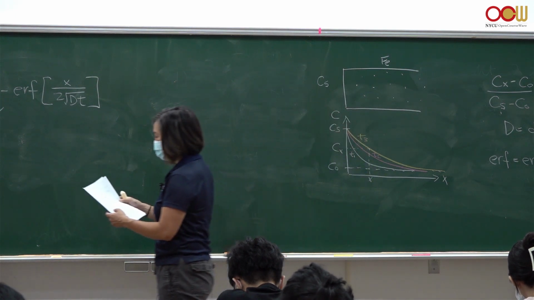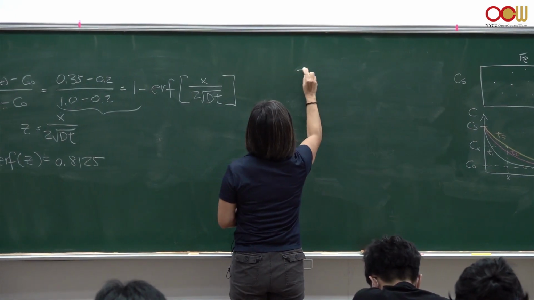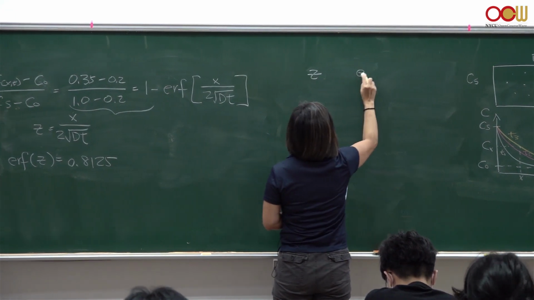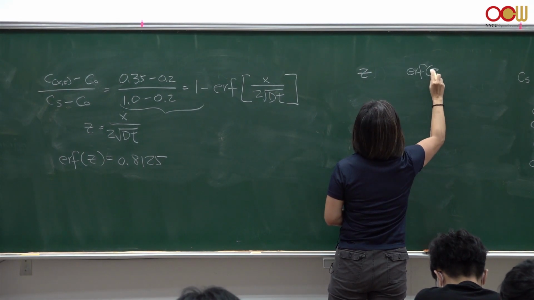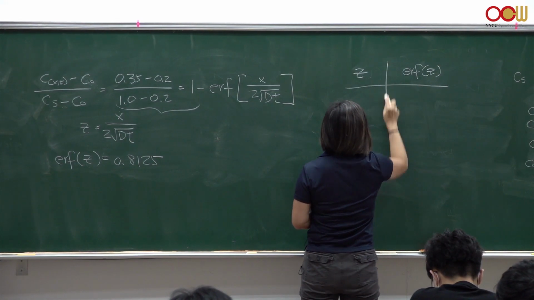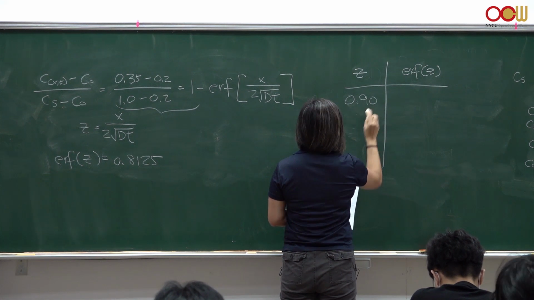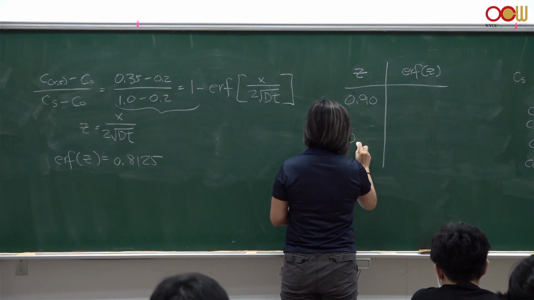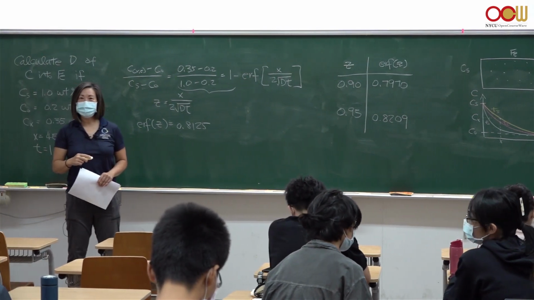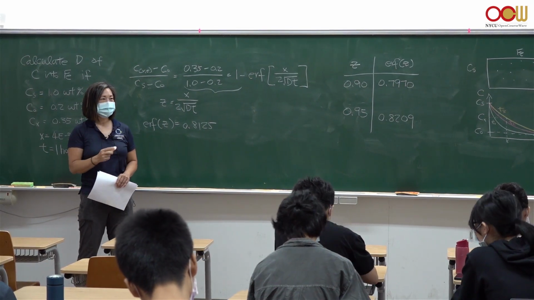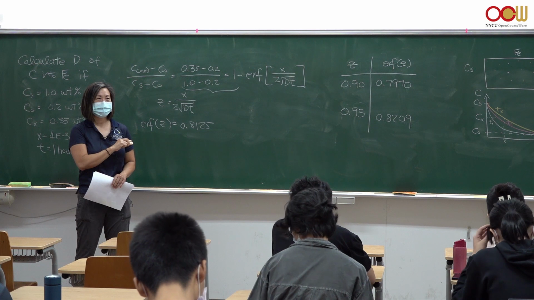But basically, what you will find is something like this. It's a table with z and the error function of z with different values. You're going to see lots of values, but you're going to see this. For those of you who were able to look up the error function table, do you see this in the table somewhere?